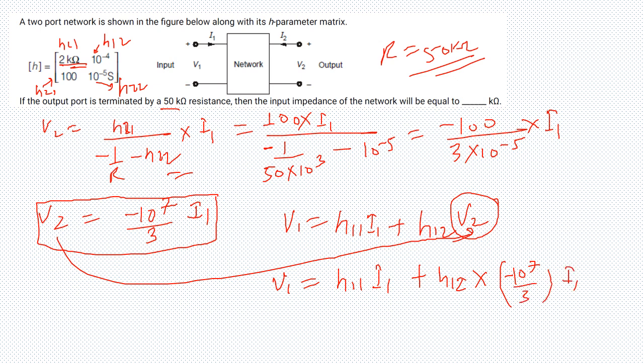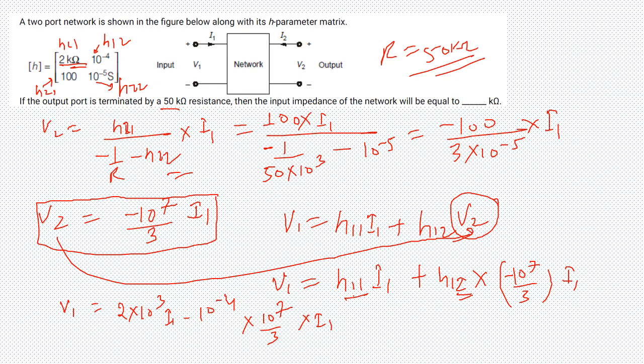So V1 is going to be 2 into 10 power 3, which is H11, into I1, minus 10 power minus 4, which is H12, into 10 power 7 by 3 into I1.